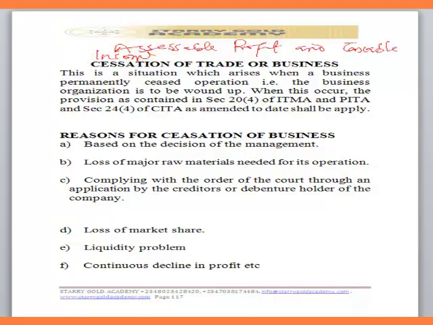Now, we have identified what cessation actually means. It simply means when the life of a business comes to a permanent end. Why would a business fold up, or what are the reasons why companies fail, why business organizations close down? Some of the reasons business fails is, 1, bad management or decisions of the management.